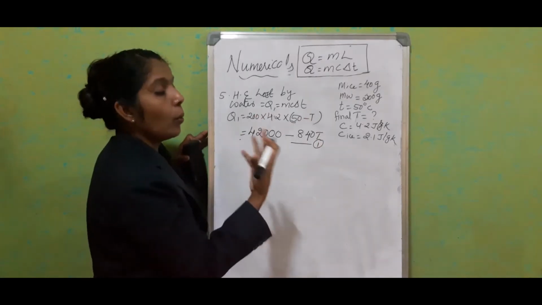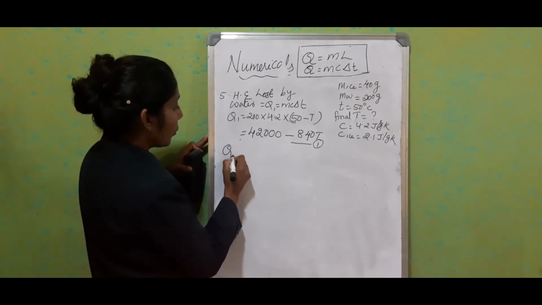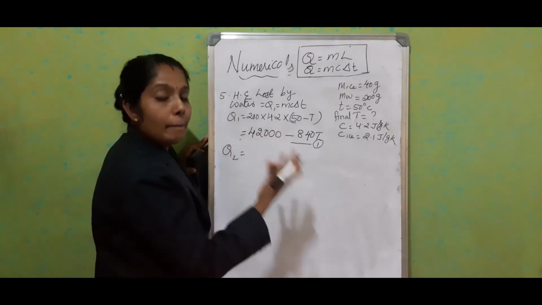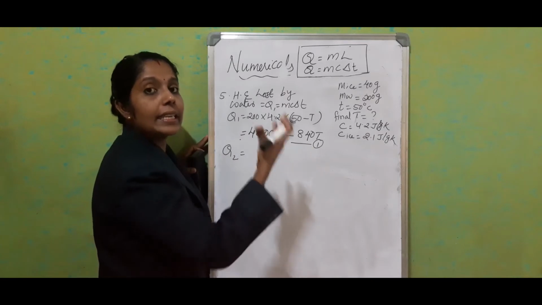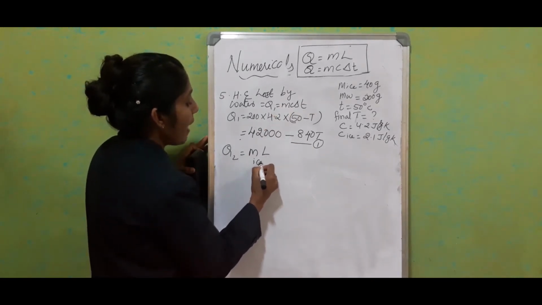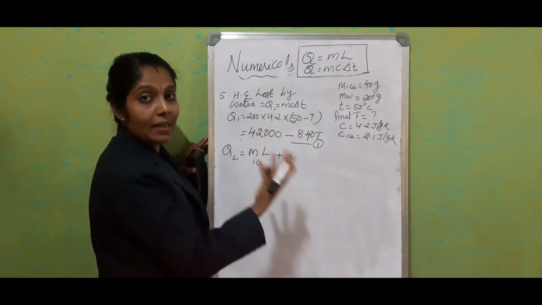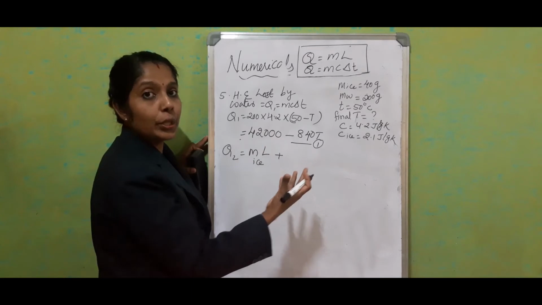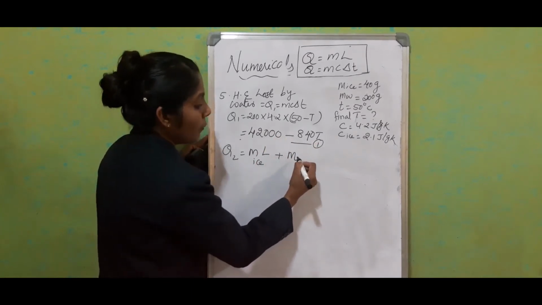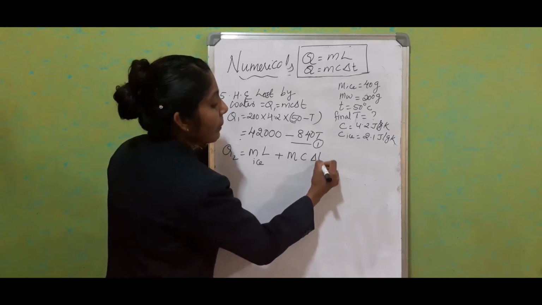Now we see what happens with the ice. I consider it as Q2. Q2 is equal to melting happening plus it increases its temperature. So m into L, m of ice, plus after melting the same amount of ice has changed into water, so mass of water, specific heat capacity of water, then change in temperature.